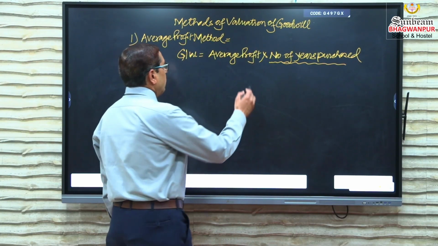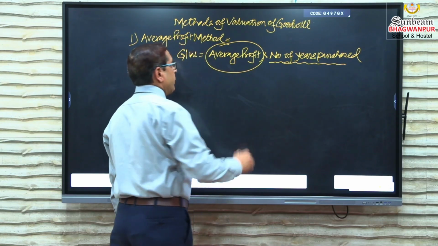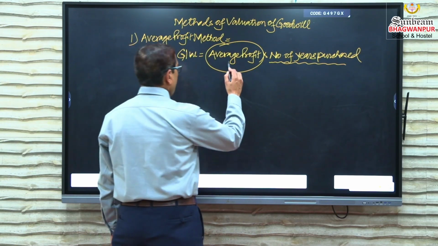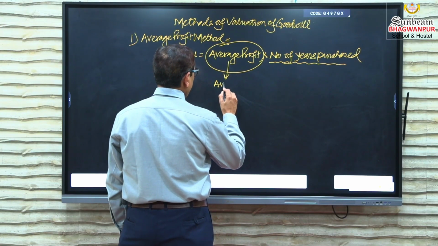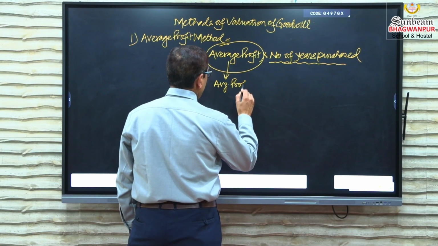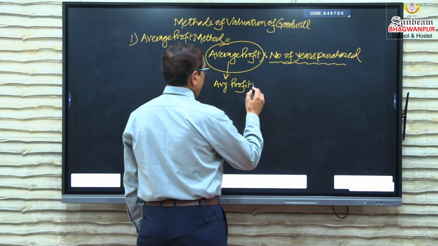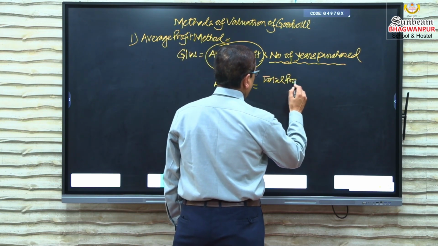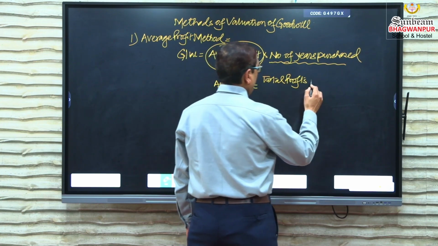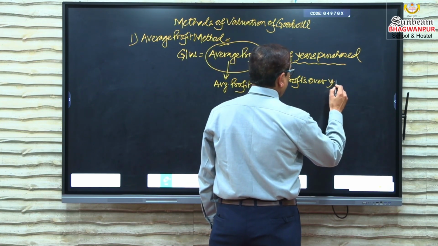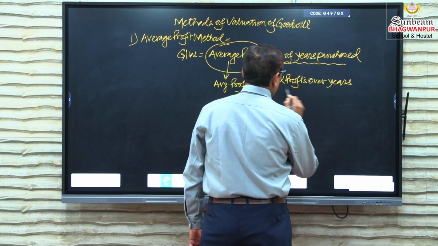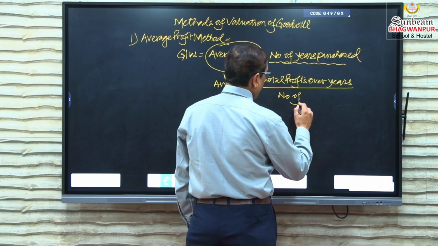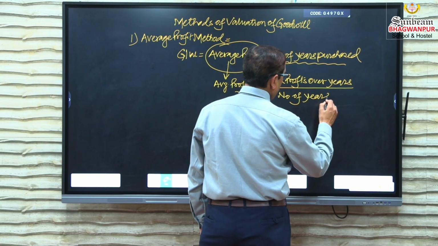Now, how to find out this average profit? It's so simple. Average profit is equal to total profits over years upon number of years.